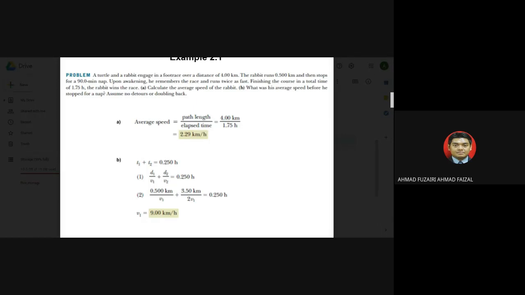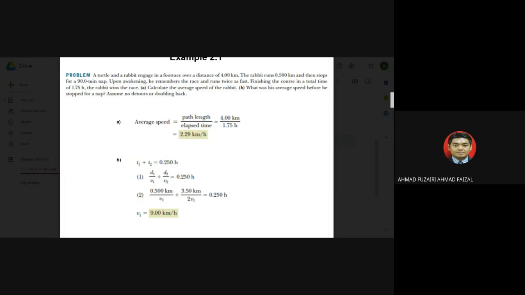Speed pertama masa dia daripada 0 km kepada 0.5, dan speed kedua ialah pada 0.5 sehingga 4 km. Tetapi speed pertama dan speed kedua sebenarnya digabungkan, disebabkan speed kedua ialah 2 kali speed pertama. Itu baru tepat.